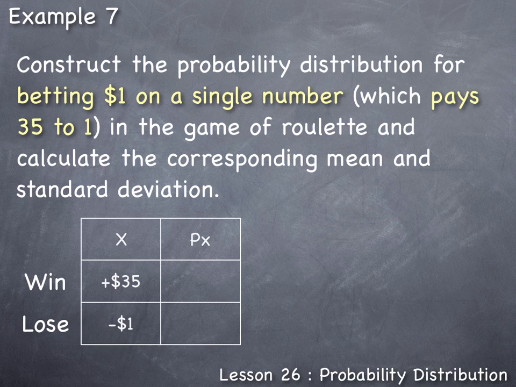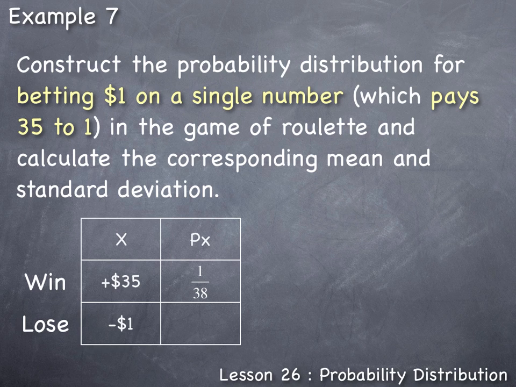So to win a bet on a single number, we only win if the marble lands in that single number slot. And there's only one slot associated with that one single number. So the probability of winning this $1 bet on a single number is just one chance out of the 38 total slots on the American roulette wheel.